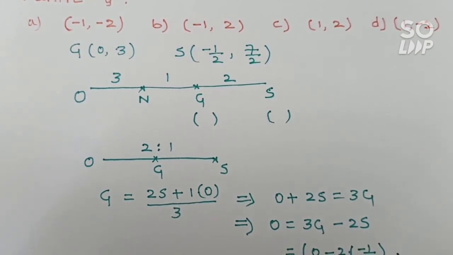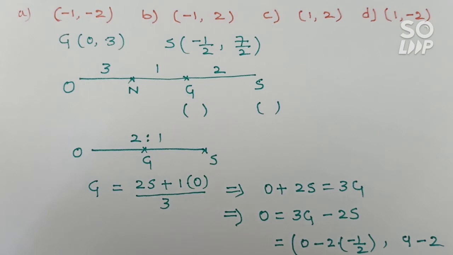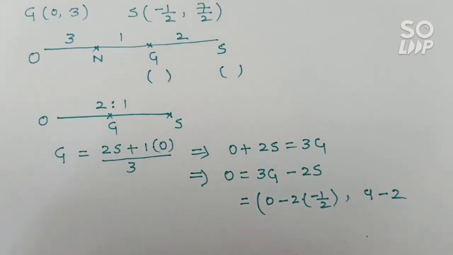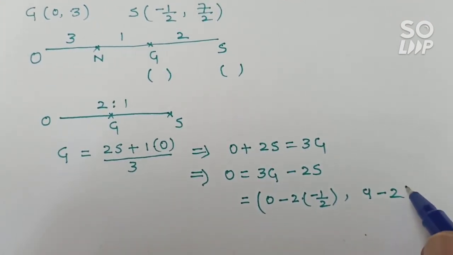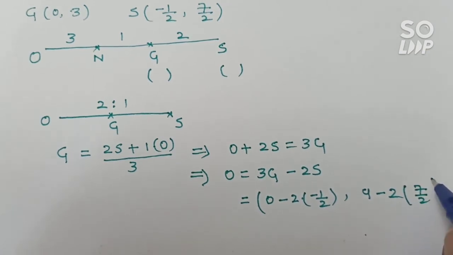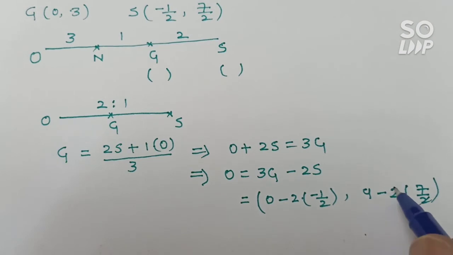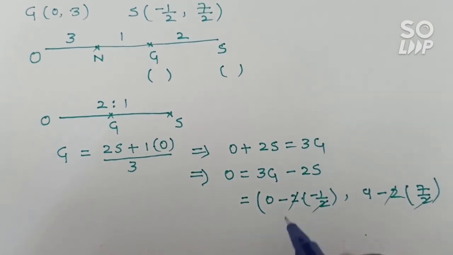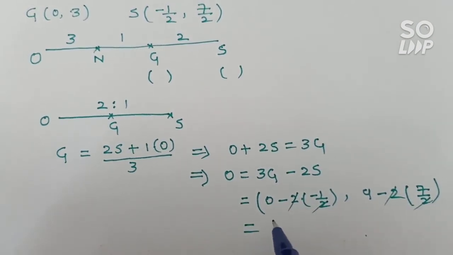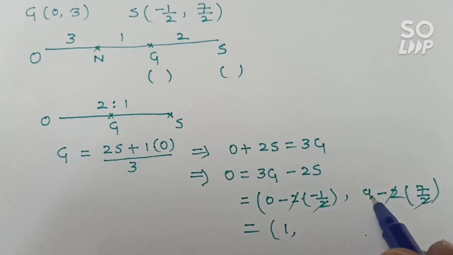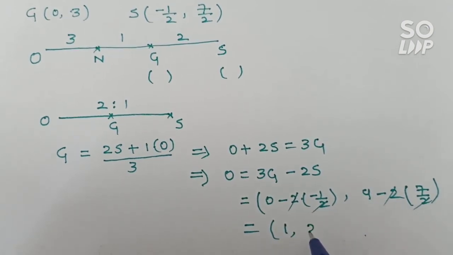Comma. Next take the y coordinates. 3 into 3 is 9, minus 2 into the y coordinate of the circumcenter, 7 by 2. Here the 2 and 2 cancel. That is equal to 1 comma 9 minus 7, which is 2.